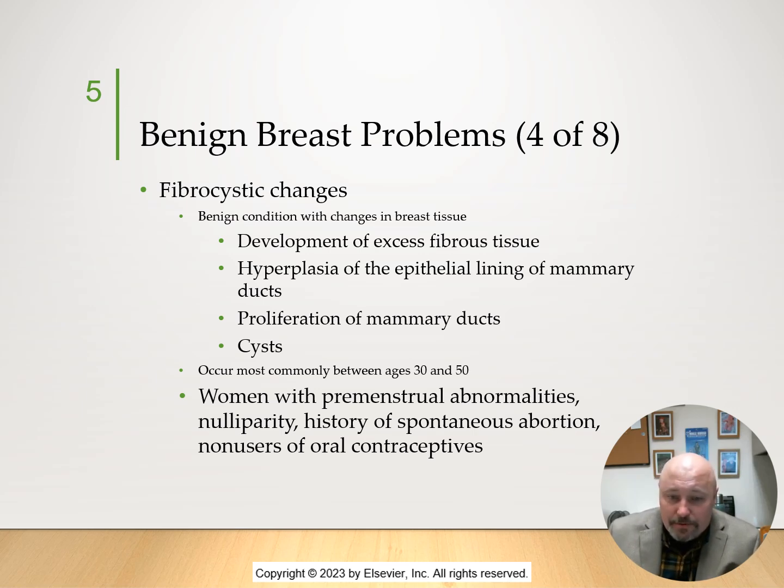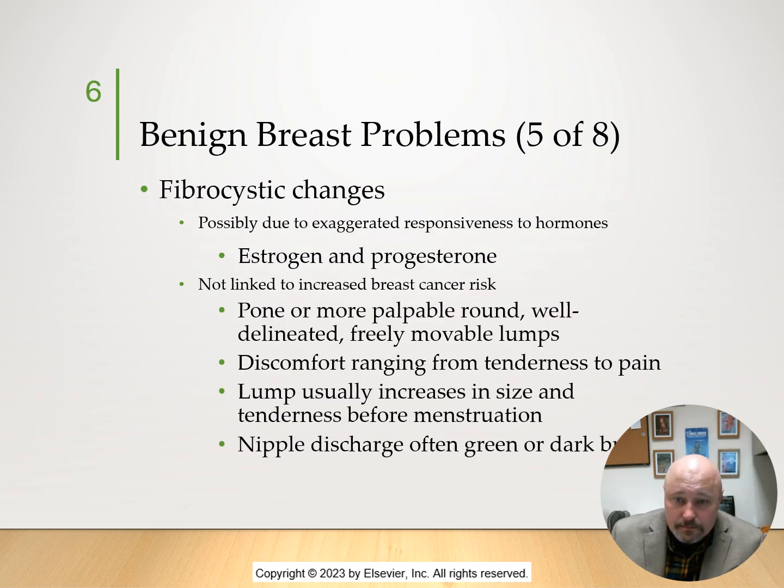Most often occurs in females between the ages of 30 to 50, and women with premenstrual abnormalities, nulliparity, history of spontaneous abortion, and non-users of oral contraceptives. These fibrocystic changes are possibly due to an exaggerated responsiveness to their hormones, namely estrogen and progesterone, and are not linked to increased breast cancer risk.